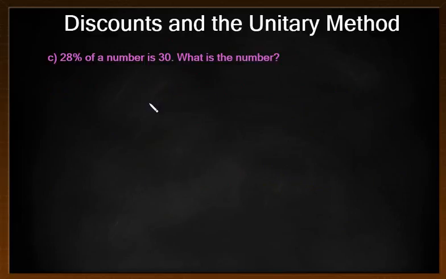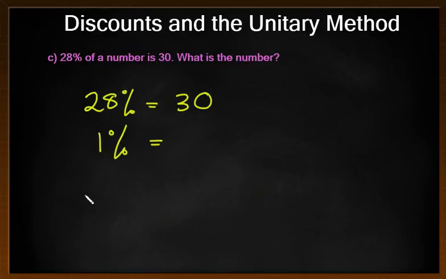Here we go. 28% of a number is 30. What is the number? All right, so we're just going to use a nice normal bit of unitary method. This time we're simply being told that 28% is equal to 30. So once again, 1% equals, and then we're going to find 100% equals. Remember, how do we find 1%? Well, in this case, I've got 28, so I'm going to divide both sides by 28.